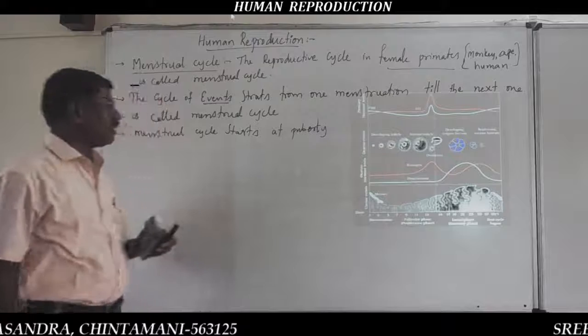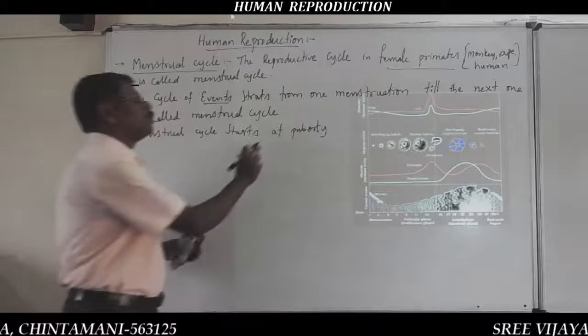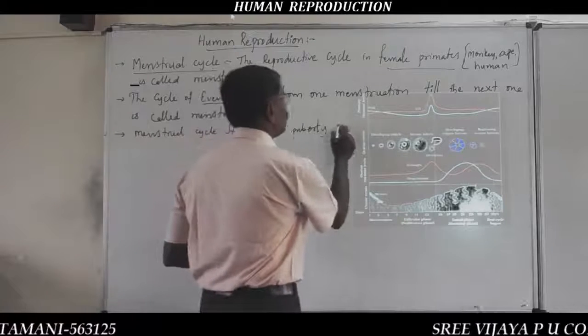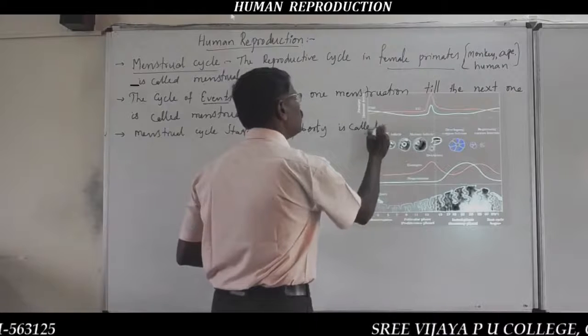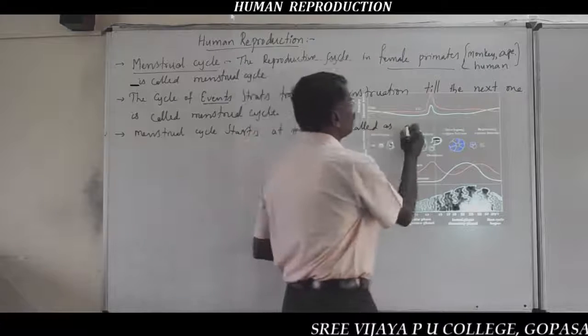The menstrual cycle starts at puberty, and this first menstruation at puberty is called menarche.